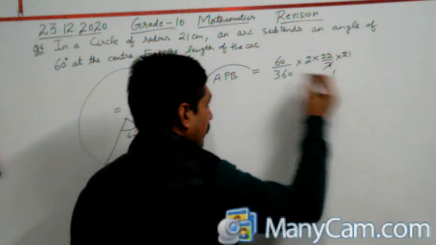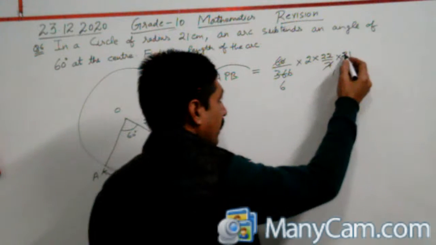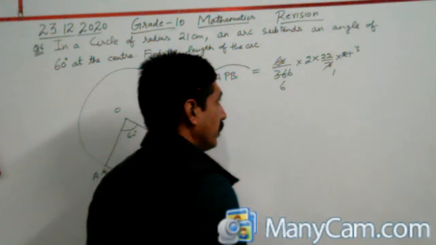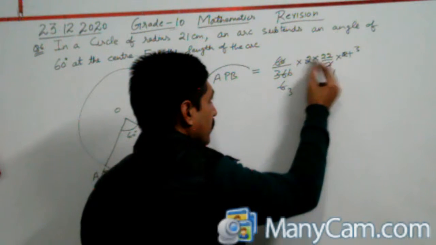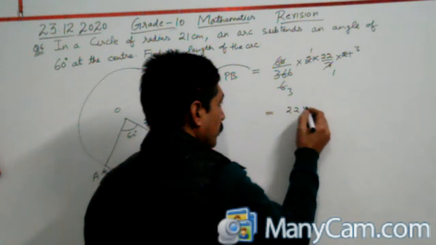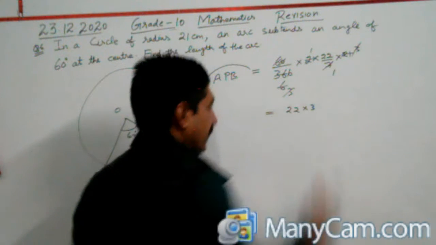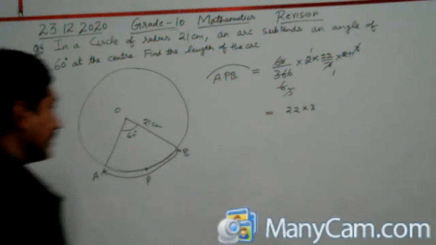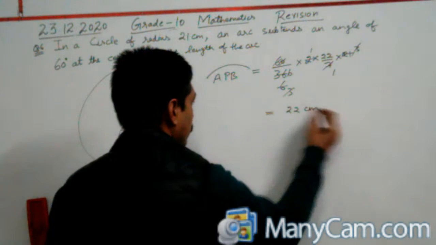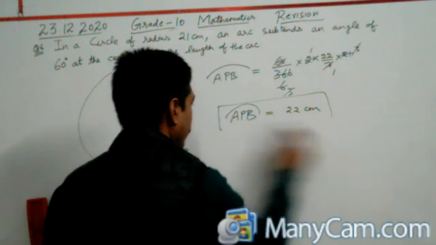So 6 into 6 is 36, and 21, 7 3s are 21. So we have 22 into 3 divided by 3. So 3 and 3 get cancelled, and we are left only with 22 centimeter. The length of the arc APB is 22 centimeter.